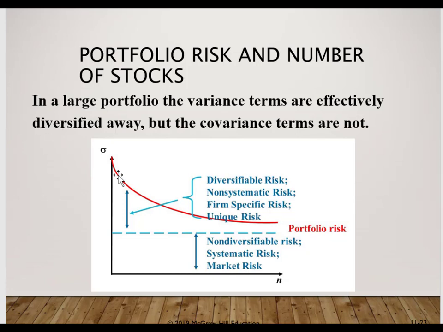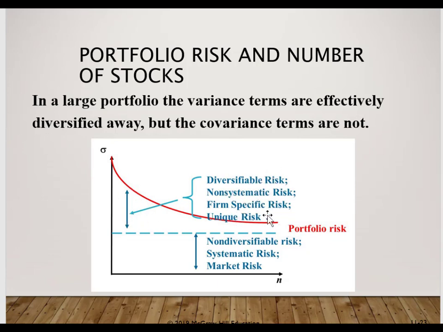And they continued this process of creating bigger and bigger portfolios. And what they found is this red line is actually the portfolio risk. It continues to fall. So as you make bigger and bigger portfolios, the portfolio risk declines. So what is it that's actually happening here?